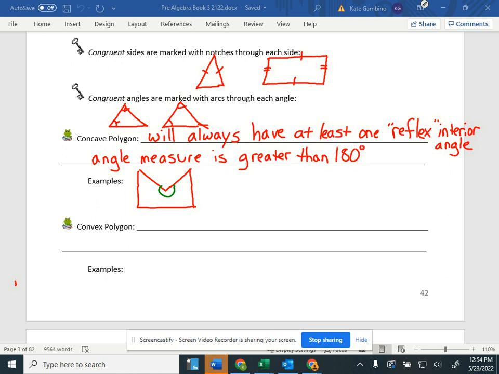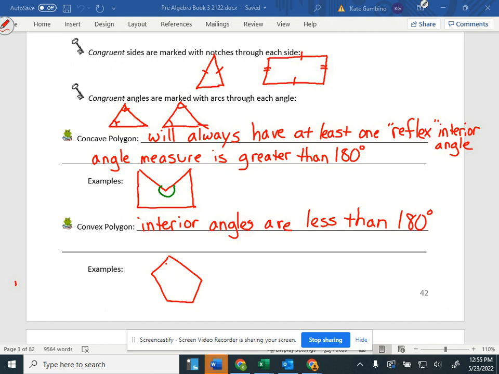All right, so if concave means it's caved down, convex has interior angles that are less than 180 degrees. So if we draw a pentagon, each of the interior angles is less than 180 degrees.